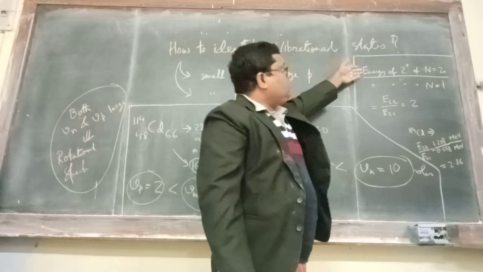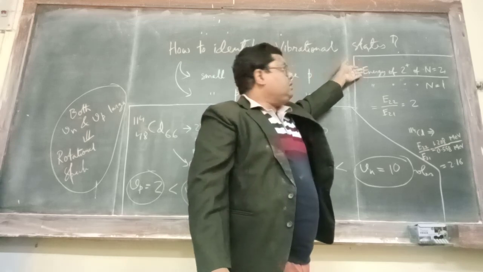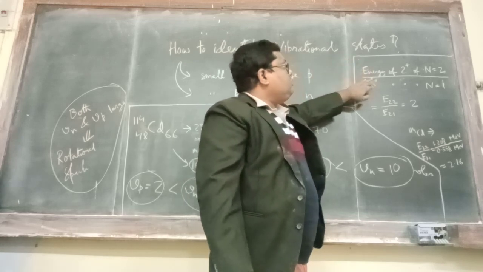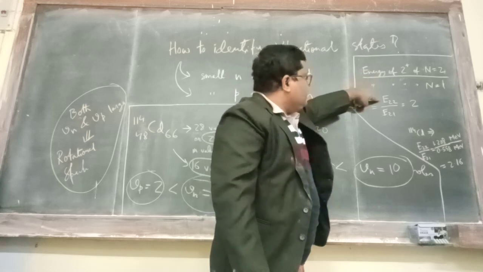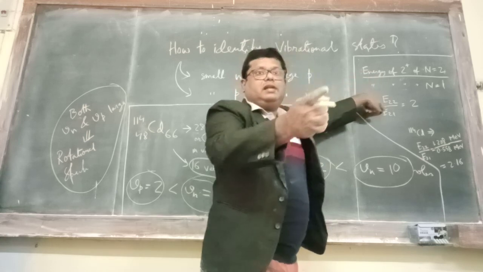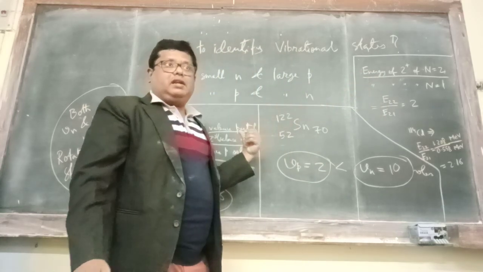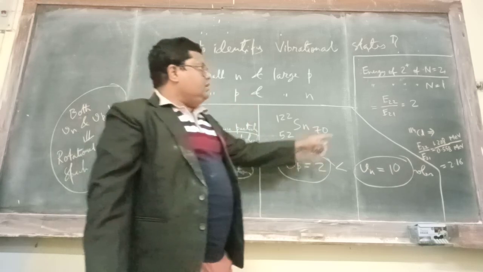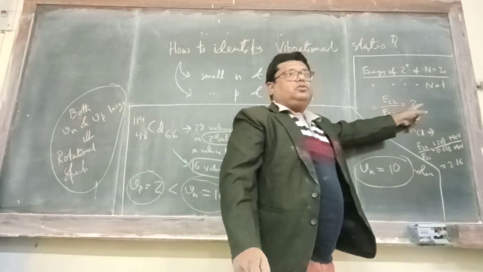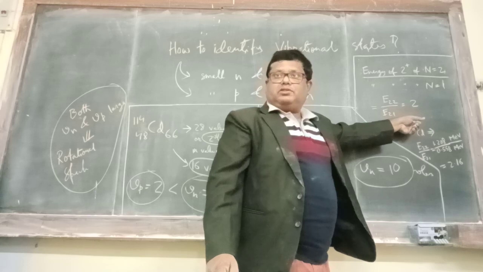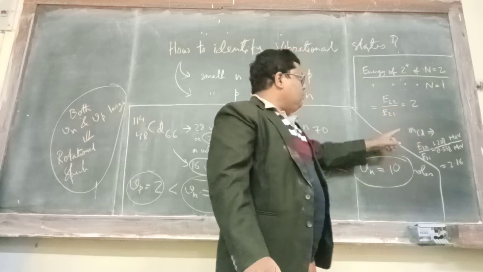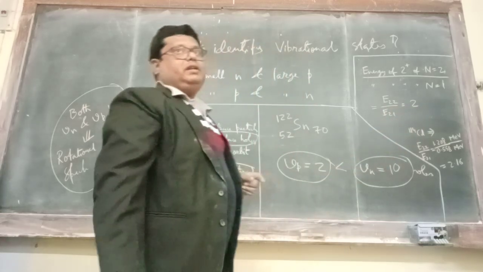What is the energy of the 2+ state with n equal to 2 and the 2+ state with n equal to 1? See, E22 by E21. You just see the calculations which we did in the last board work. It will be equal to 2 h-cross omega divided by 1 h-cross omega, equal to 2. Now let's consider the case of 114 cadmium.